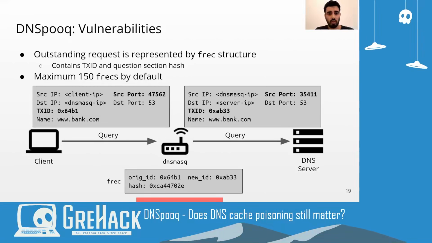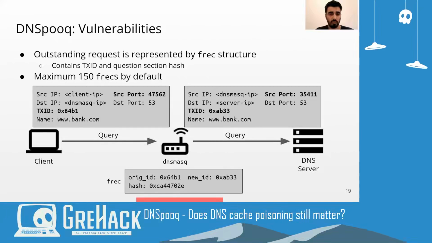Each such forwarded query or outstanding request is represented by an internal FREC structure, which stands for forward record structure in dnsmasq, that contains the transaction ID of the original query and the forwarded query, and a hash of the question section. So dnsmasq, instead of storing the whole question section, stores a hash of it.